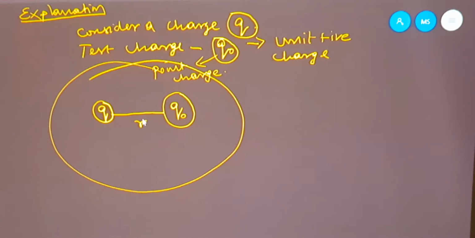If that is the case, then first of all we can state the force F vector given by Coulomb. According to Coulomb, this force F vector is 1 by 4 pi epsilon 0 into Q into Q0 divided by R square multiplied with R cap.